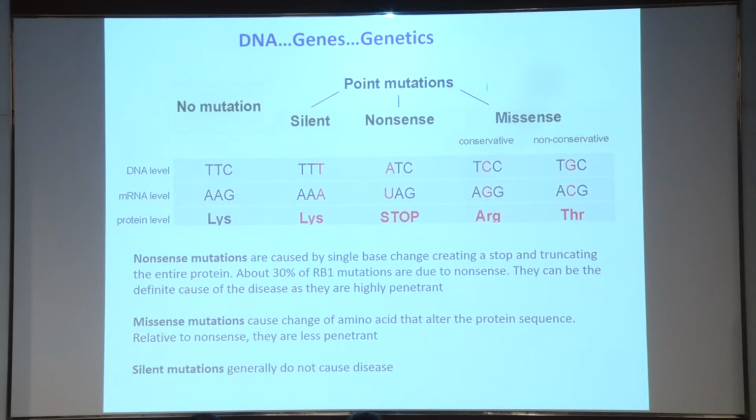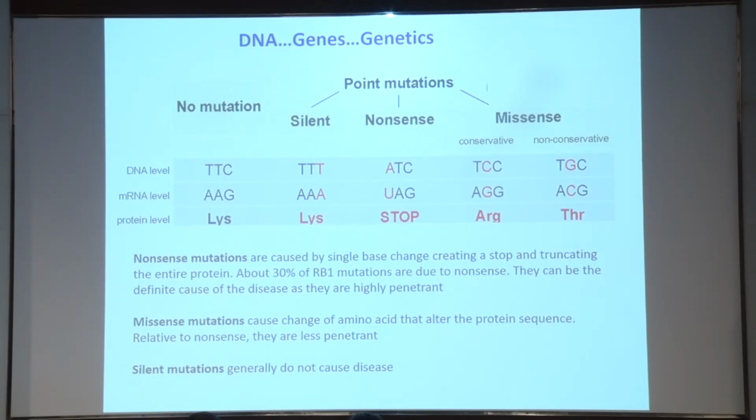Now, nonsense mutations are one of the important ones we'll be seeing during the course of my presentation. They are caused by a single base change creating a stop or truncating, anything that stops or truncates the entire protein.